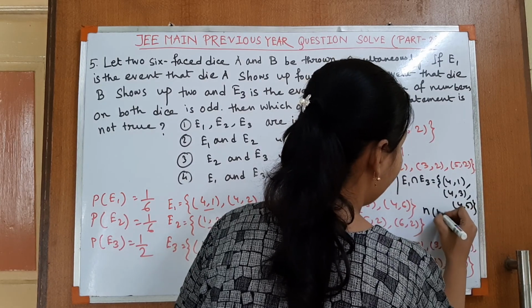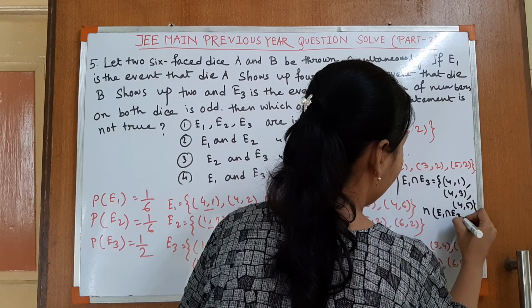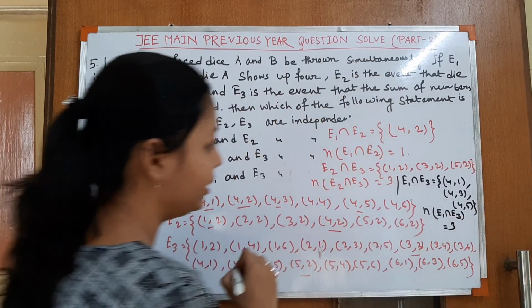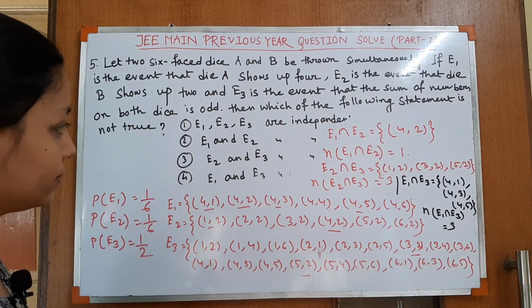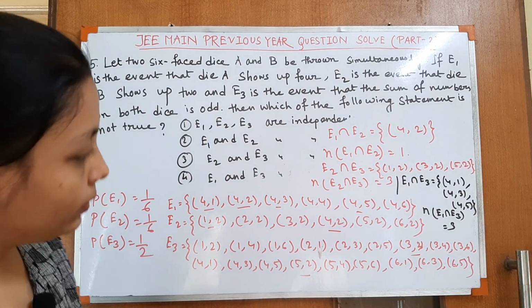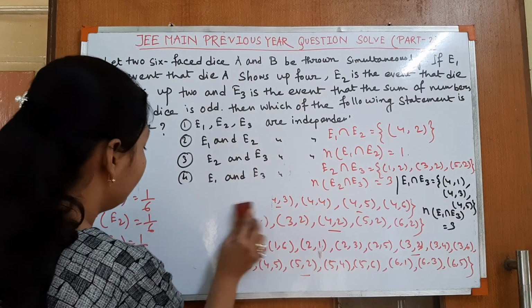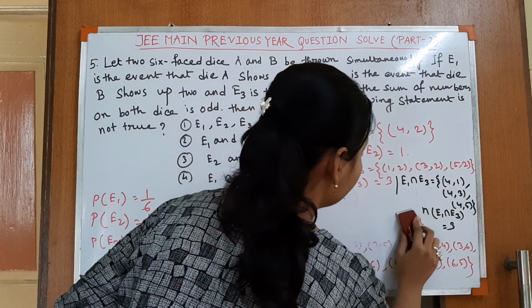Therefore, the number of elements in E1 intersection E3 is 3. So, now I remove this portion.